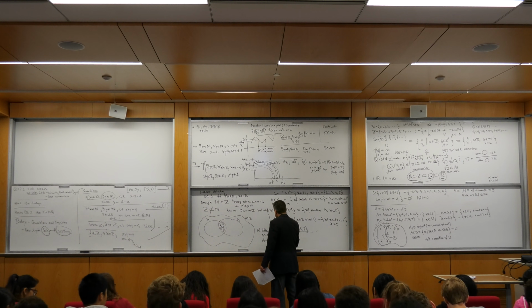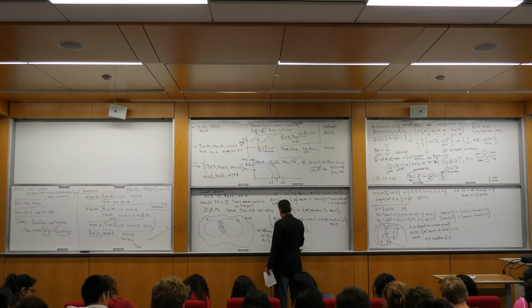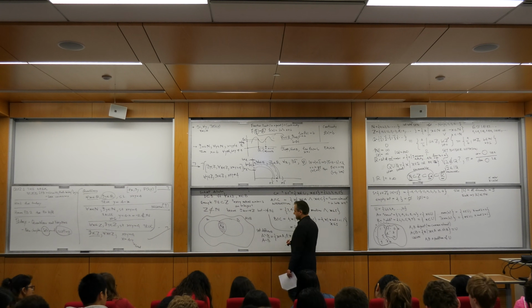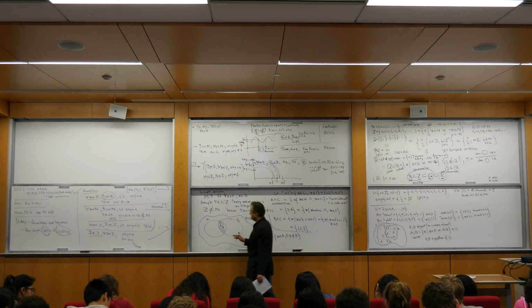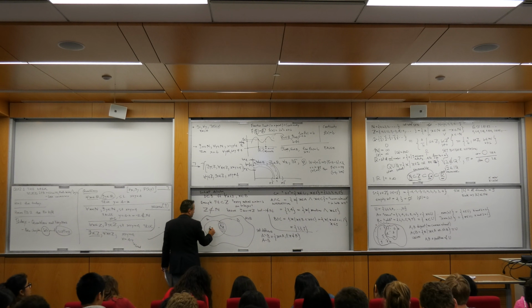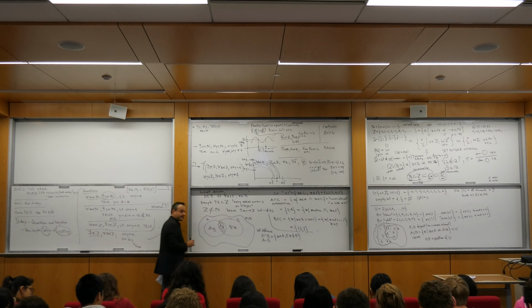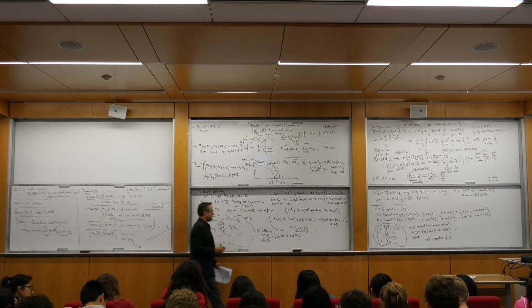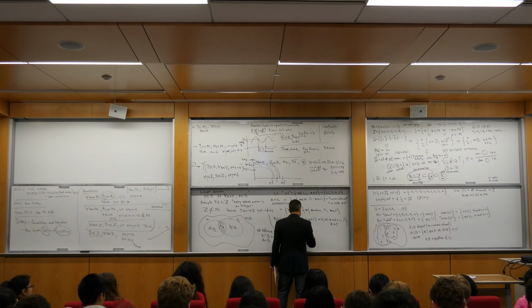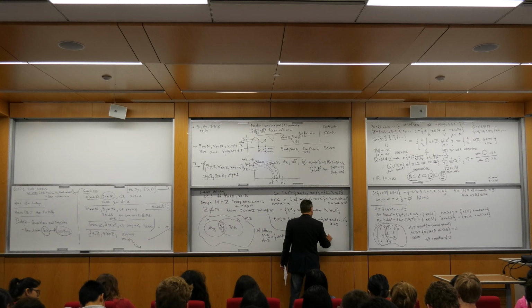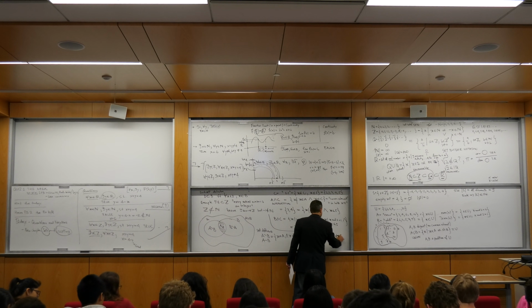Those are the x's in A that are not in B. So that's in here. And in here, we have B minus A. So B minus A: x is in B that are not in A.